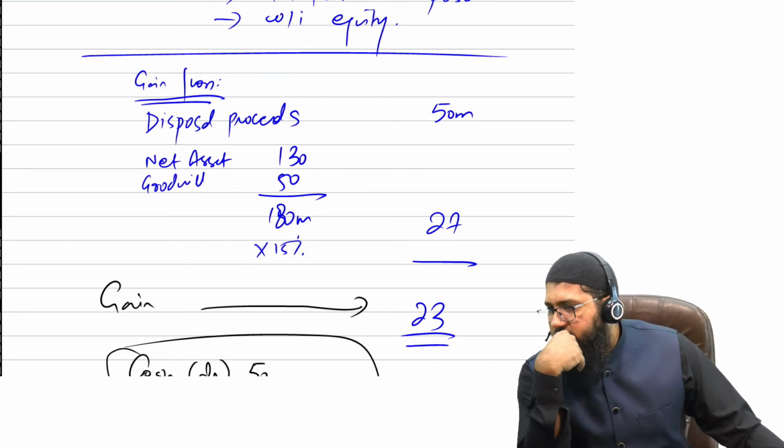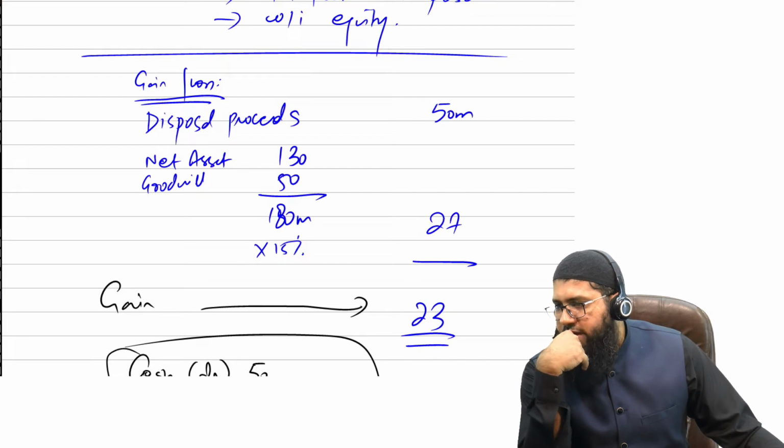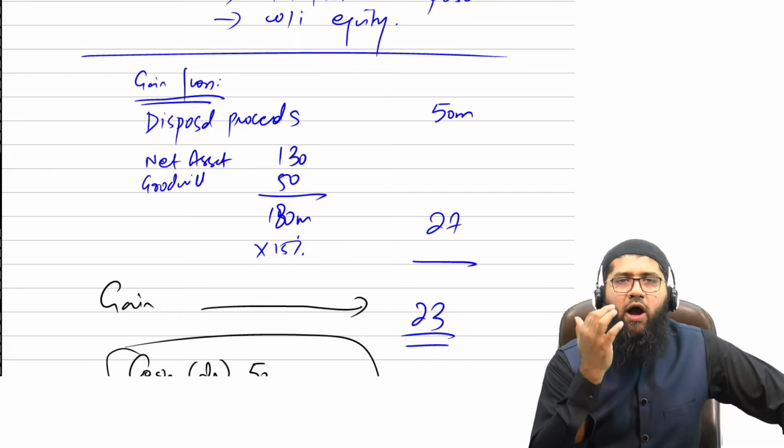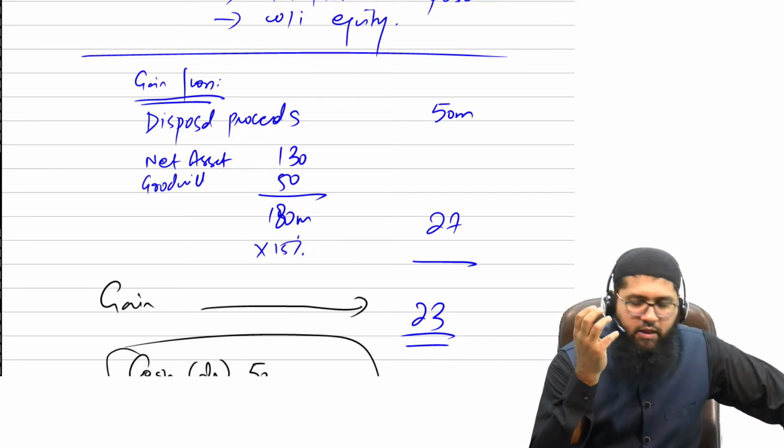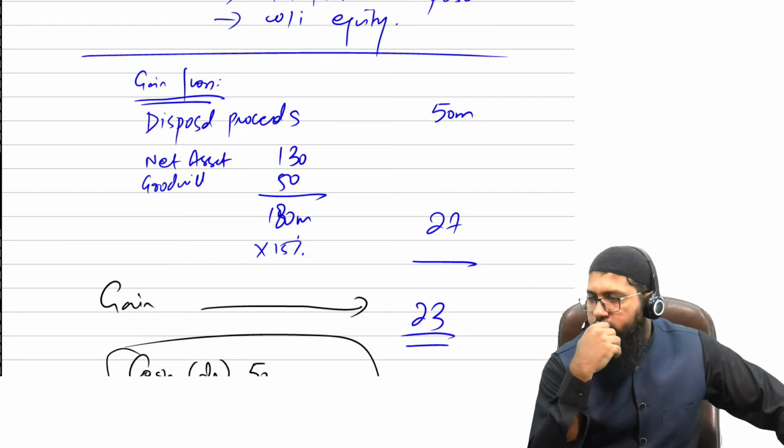Okay, Kilani, your question is what if it's acquisition of more, that is reduction in NCI? So do you mean to say that the control is lost? That's what you mean to say, Kilani?